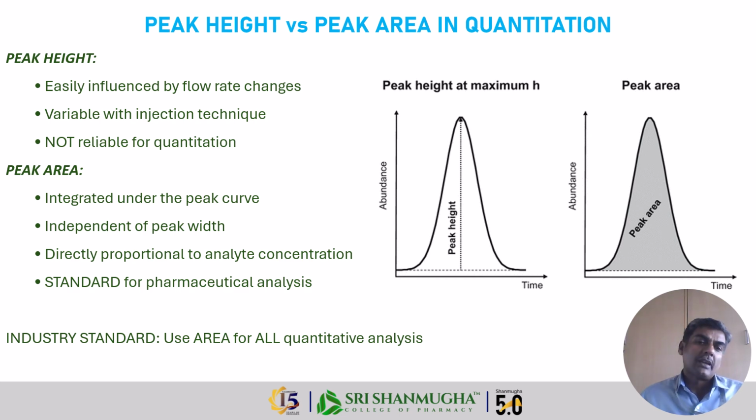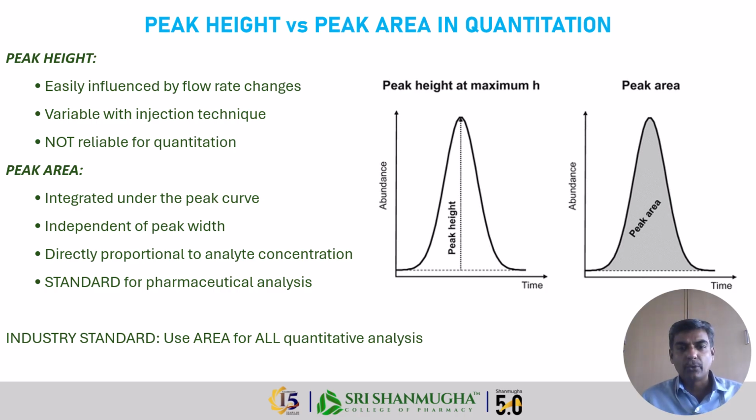Peak height can be easily influenced by changing the flow rate and is variable with the injection technique. So various techniques used during injection will also influence the peak height. It will not depend on the concentration, it will depend on the flow rate.